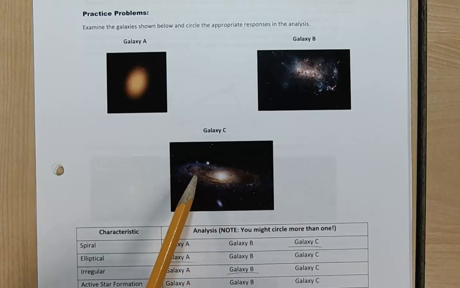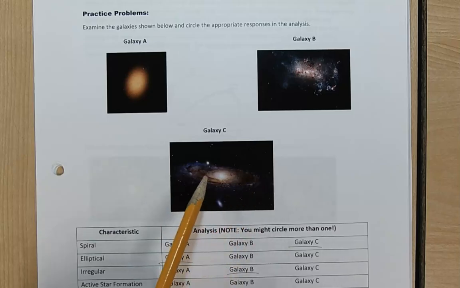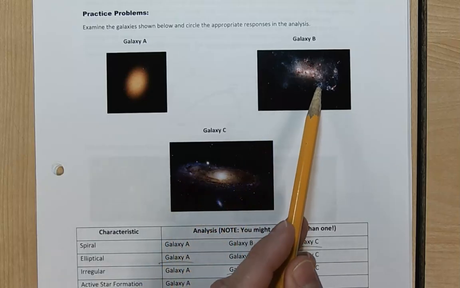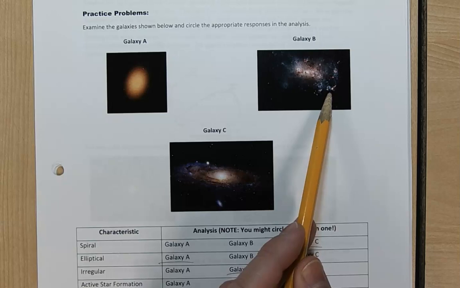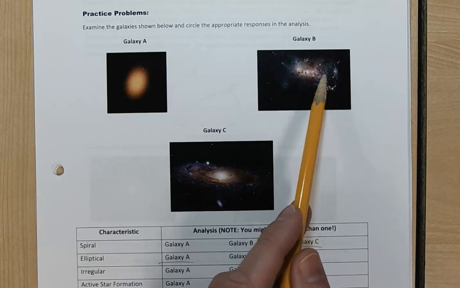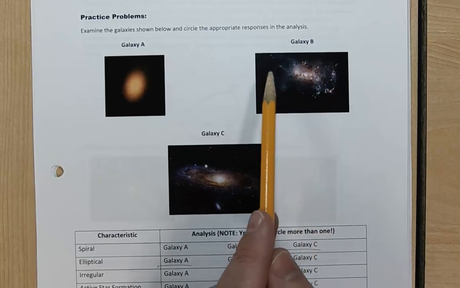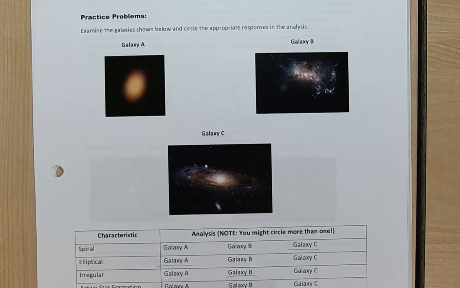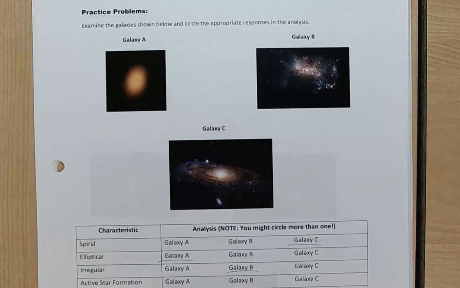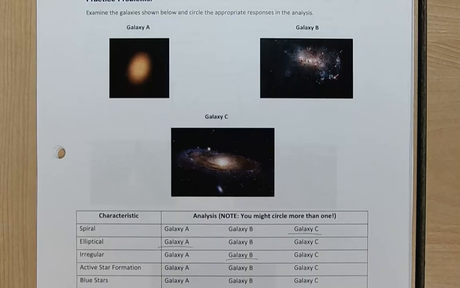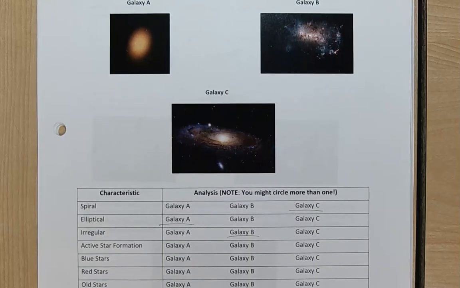The dust, the gas, the star formation, the young stars, they're all together in the disk. In an irregular galaxy, rather, the stars and the dust and the gas and the star formation and the young stars can all be kind of jumbled, not in a nice regular pattern. So if you see that, probably irregular.